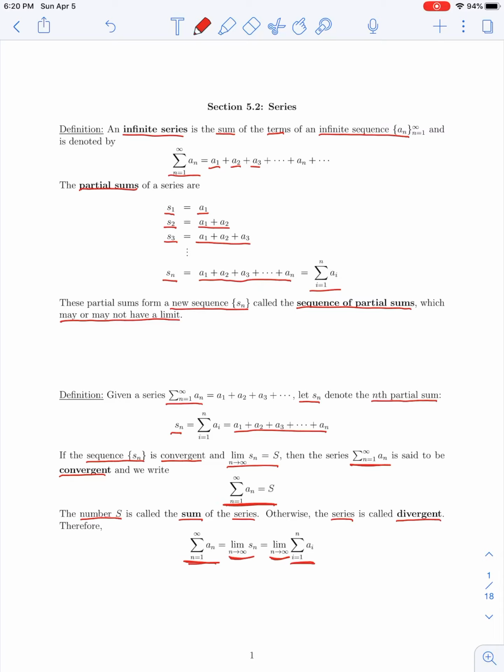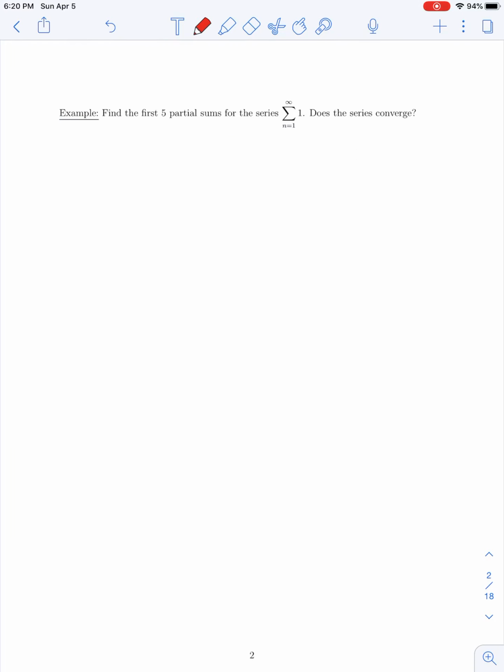So now that we've defined these things, let's look at some examples to get a little practice with infinite series. In our first example, we are asked to find the first 5 partial sums for the series n equals 1 to infinity of 1, and then we ask, does that series converge?